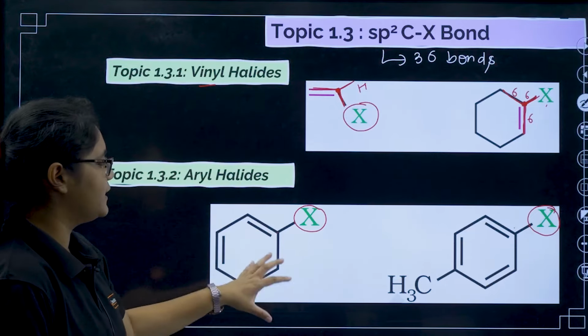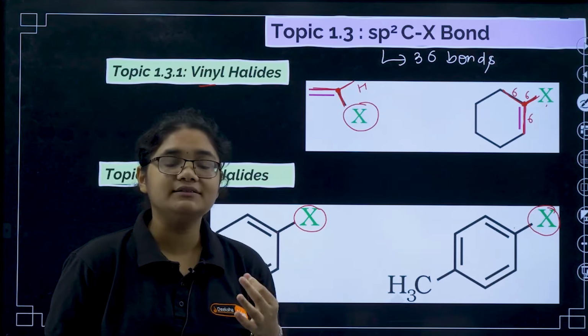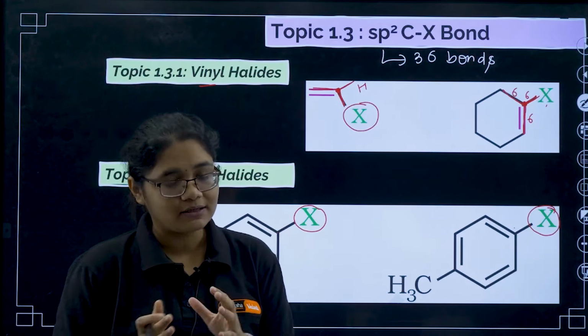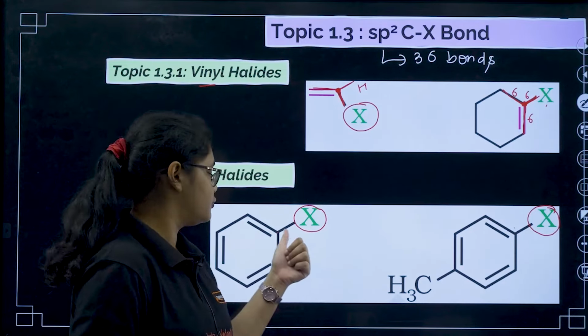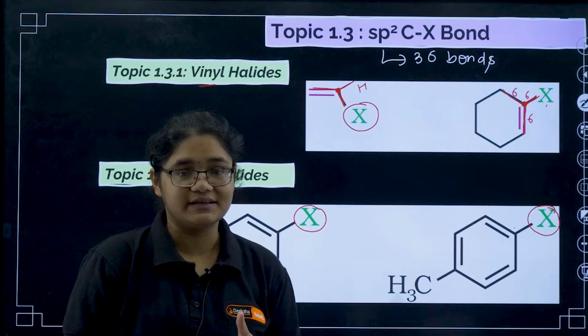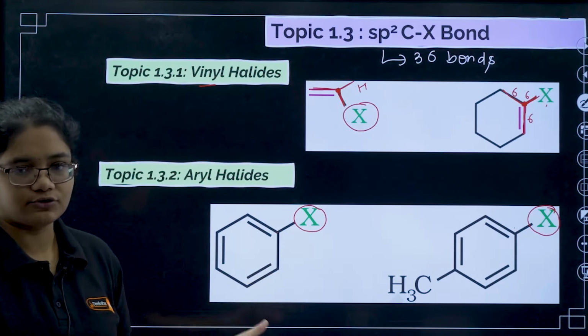Okay, so that is your aryl halide. This is your vinylic halide. So very clear: vinylic halide means the carbon with X is directly attached to an sp2 carbon. And if that sp2 carbon is part of the benzene ring, or the X is directly attached to the benzene ring, that is called an aryl halide, or what we also call haloarenes.